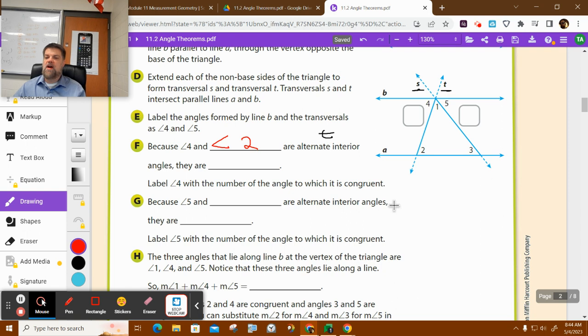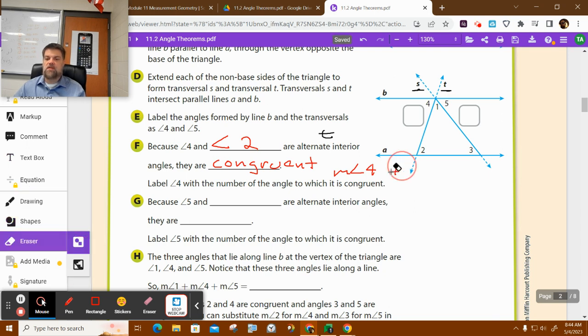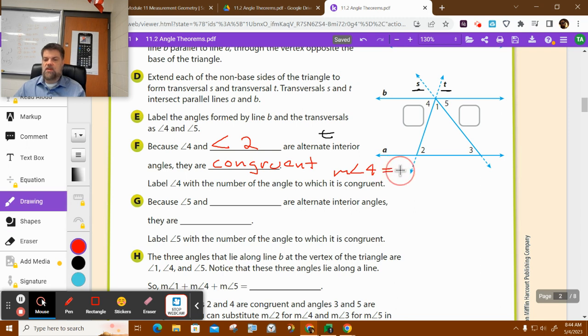So now what do we know about 4 and 2? They are congruent. So the measure of angle 4 equals the measure of angle 2.